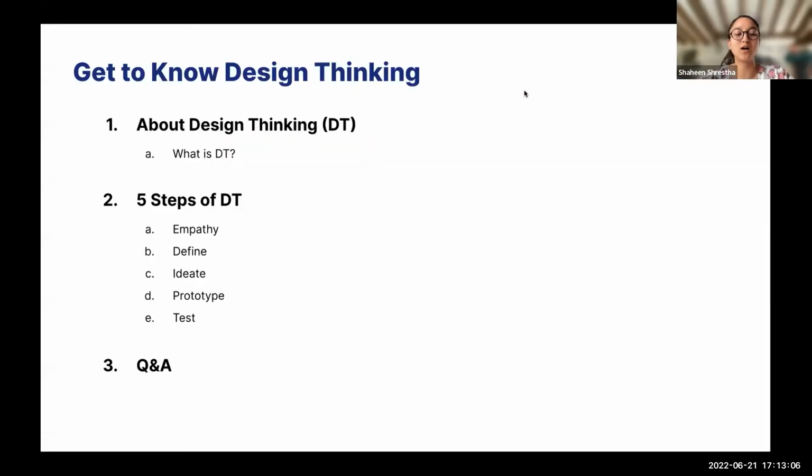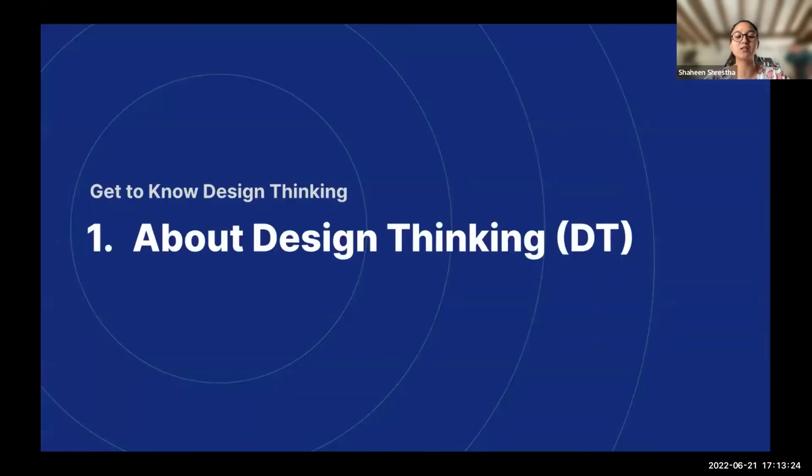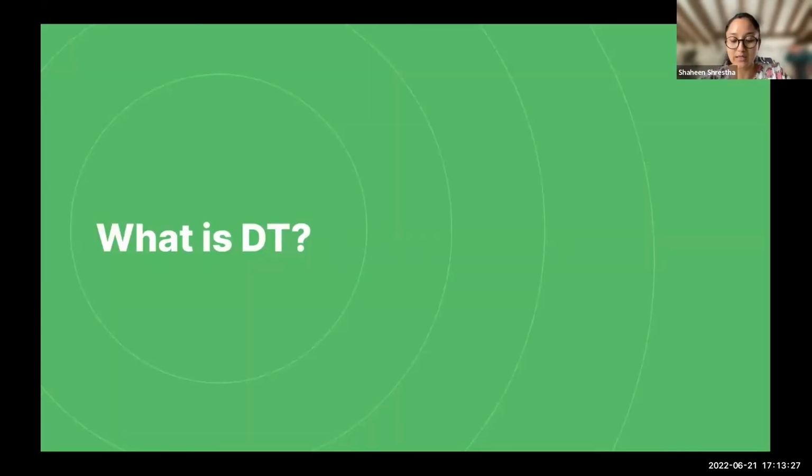Okay, so our session will be divided into 3 parts. First, I will give you a brief understanding of what design thinking is, and then I will take you through the 5 steps of design thinking, and at the end we'll have question and answer. So, why design thinking, and why is it important especially in UI/UX?